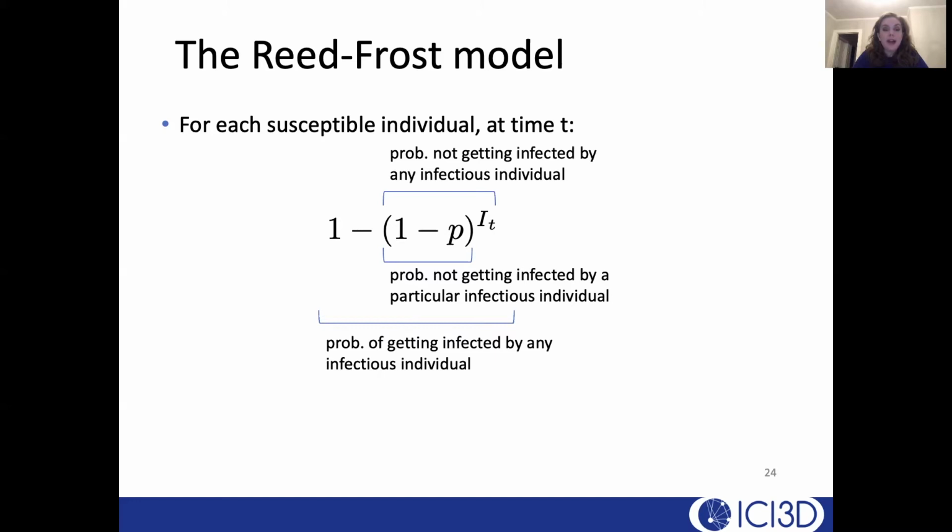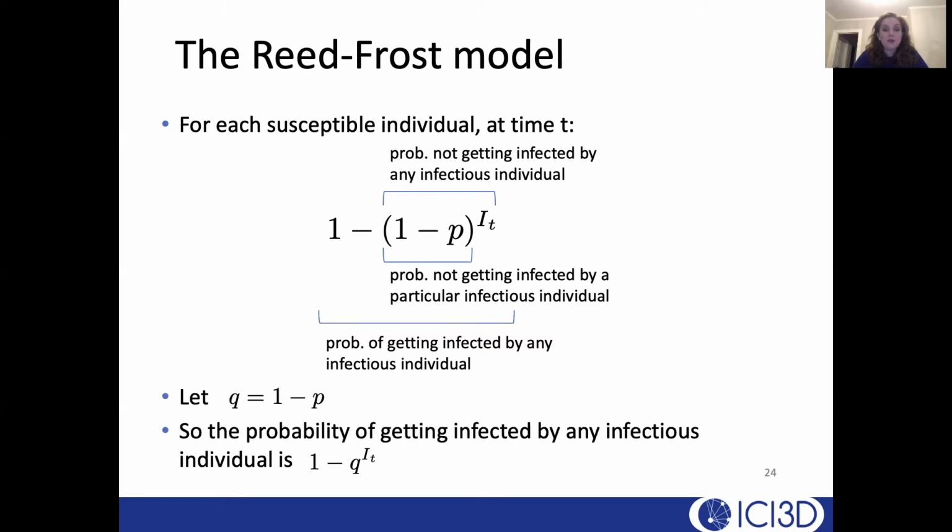And then 1 minus that quantity is the probability of getting infected by any infectious individual. So if we let q equal 1 minus p, the probability of getting infected by any infectious individual is 1 minus q to the I sub t.